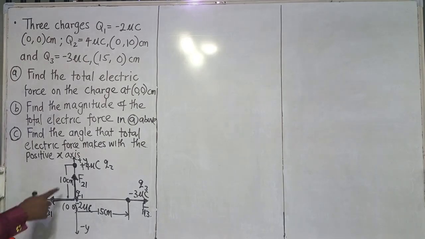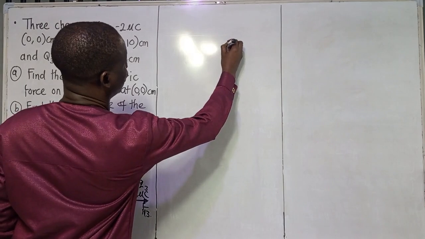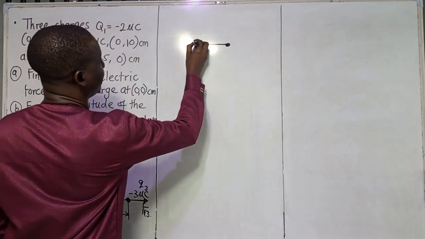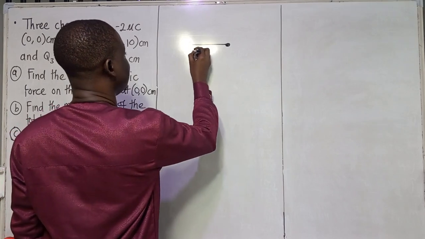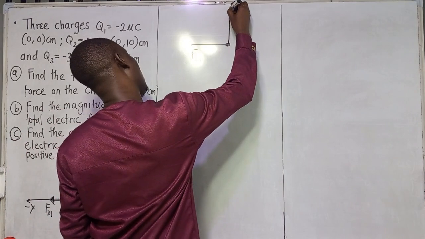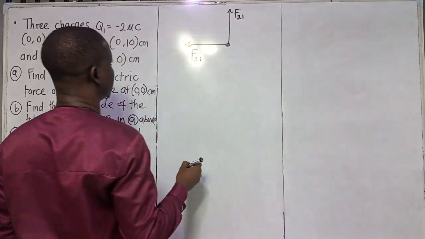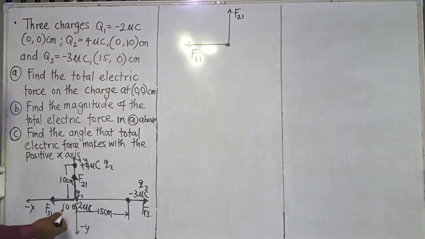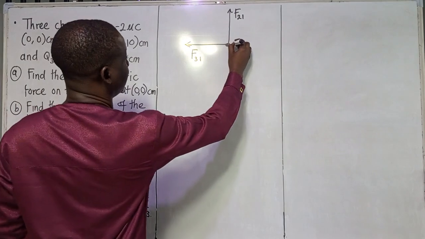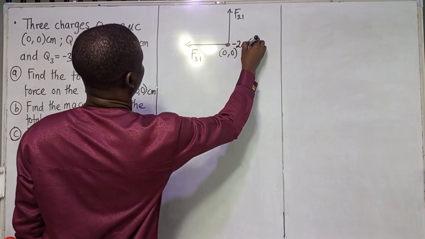Now if you check the two forces very well, this is the origin charge. The one going here is 3 on 1, then we have another one up, which is 2 on 1. You understand me? So that is what is happening here. This is the charge at the origin, which is minus 2 microcoulombs.